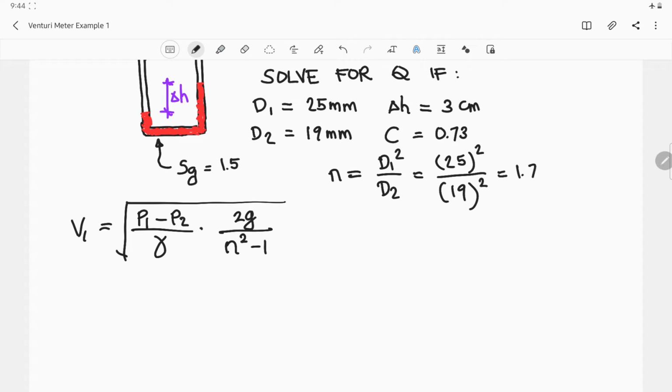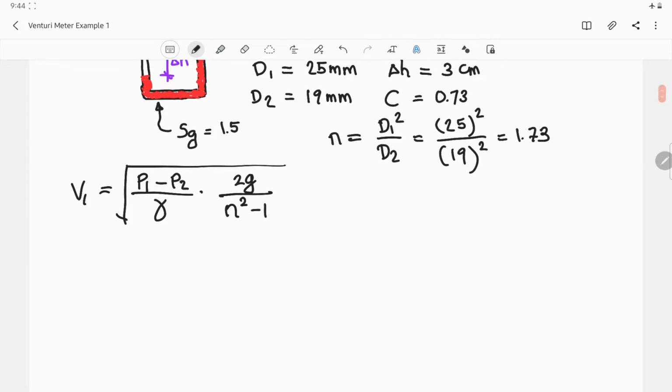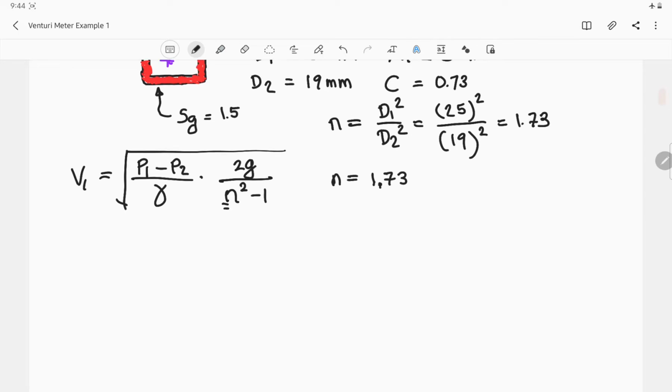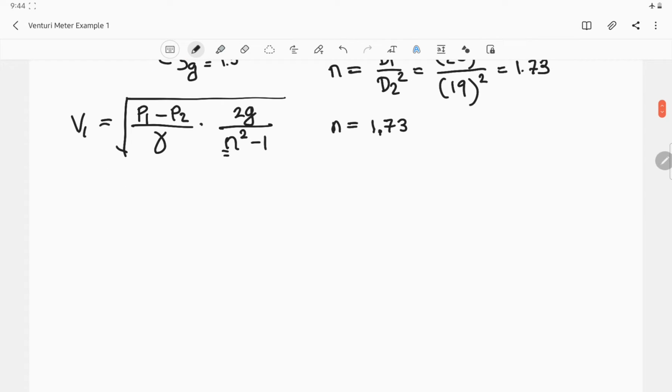So n is equal to 1.73. Remember, n is d1 squared over d2 squared, then when we plug it into the equation, we square it again. So the only unknown is P1 minus P2.